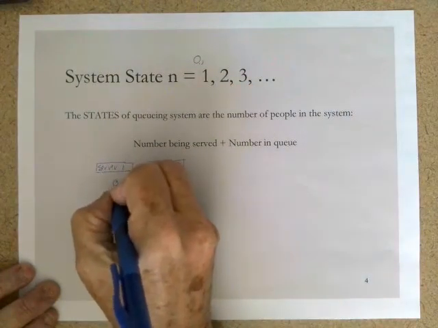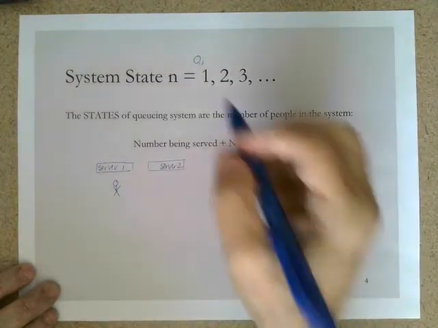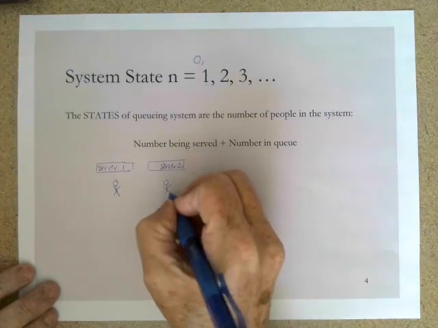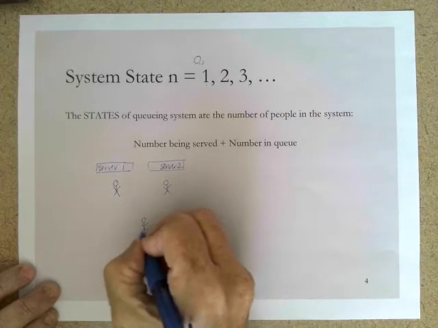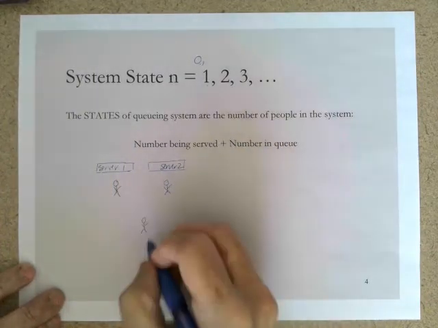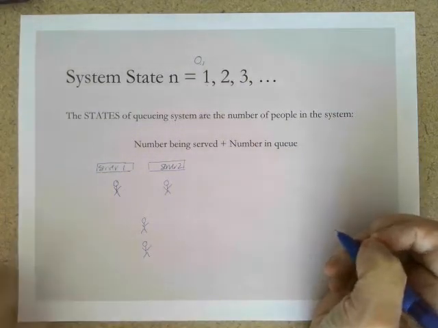If we have a person in service, and they could be either here or here, we will say that we're in state 1. You get the idea here, right? This is state 2. State 3 is 2 in service and 1 in queue. State 4 is 2 in service and 2 in queue, and so on.